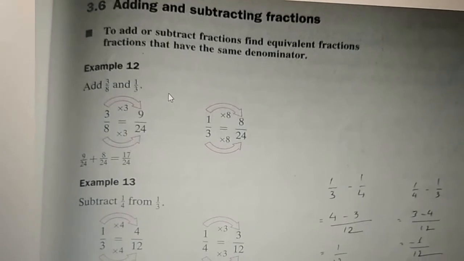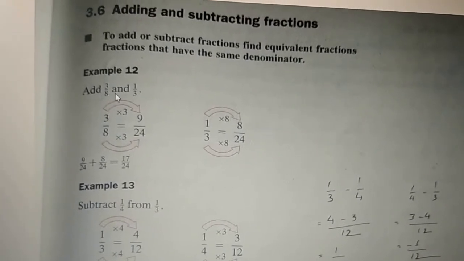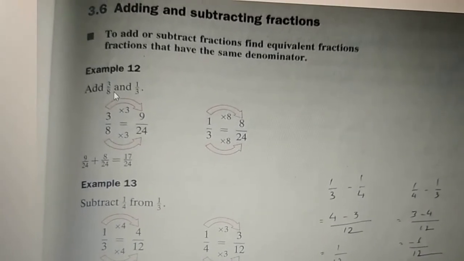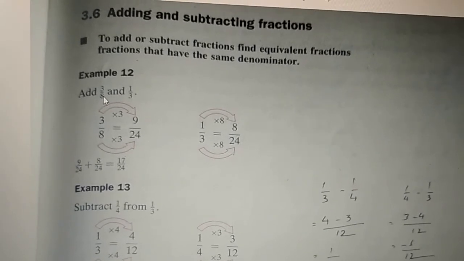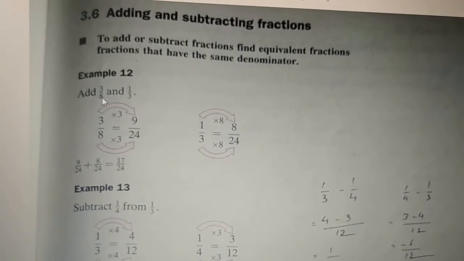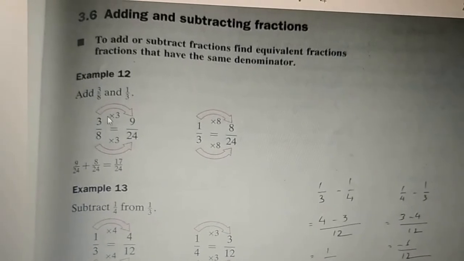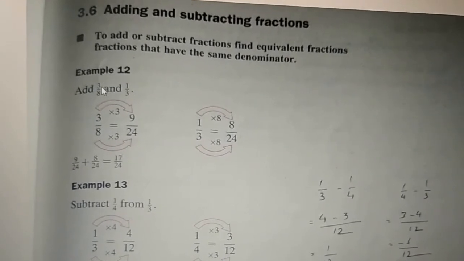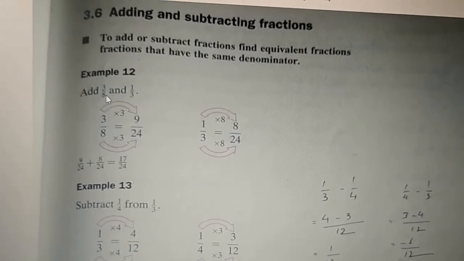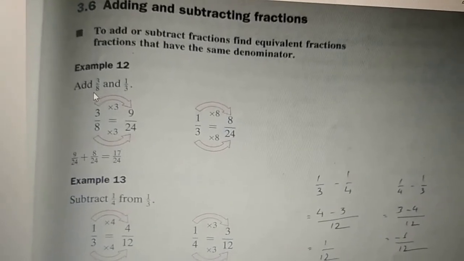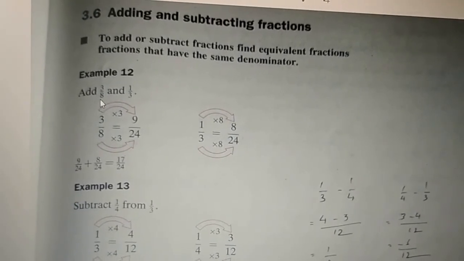Here, if you look at 3 by 8, we multiply the denominator 8 with 3. You have to multiply both the numerator and the denominator, but the multiplication will be based on the denominator.